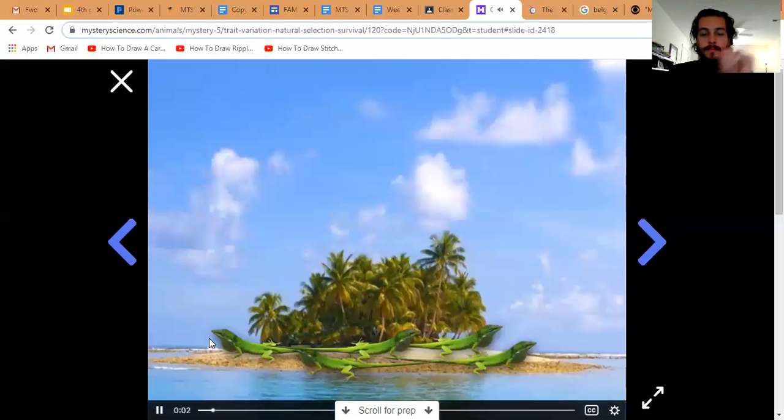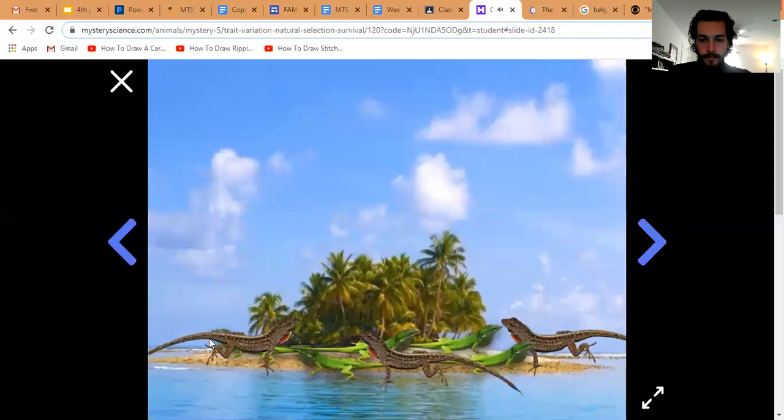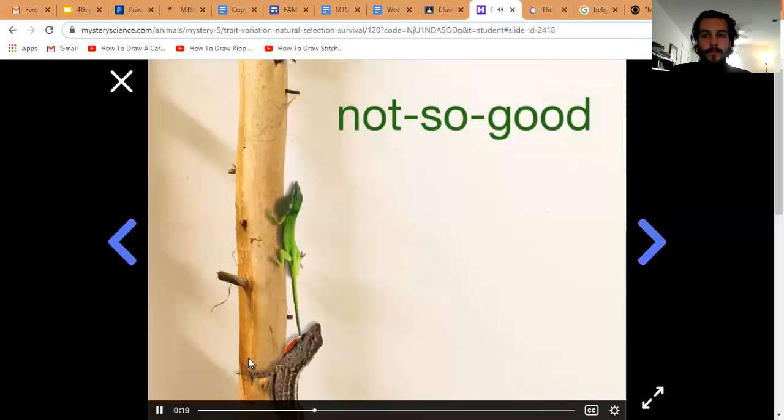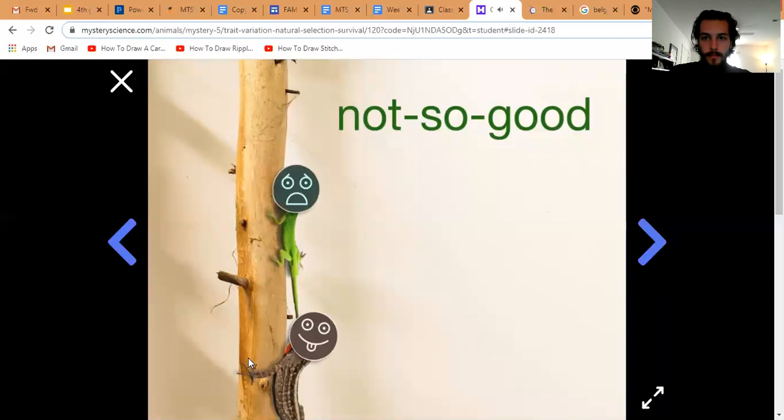Okay, it's time to find out what happened to the green anoles when the brown anoles arrived. First, let's look at the group of green anoles that are the not so good climbers. The not so good climbers had a hard time getting away from the brown anoles. They just couldn't climb high enough or quickly enough. Many of them got eaten by the brown anoles. You'll find out exactly how many lizards in your class got eaten in just a minute.